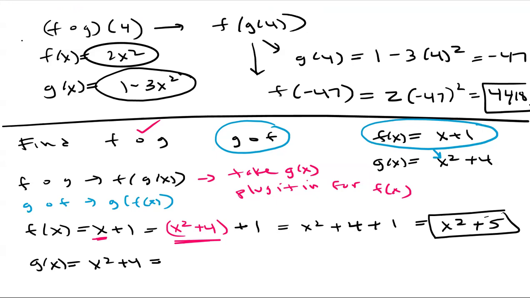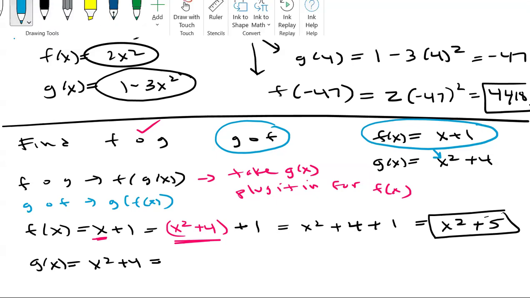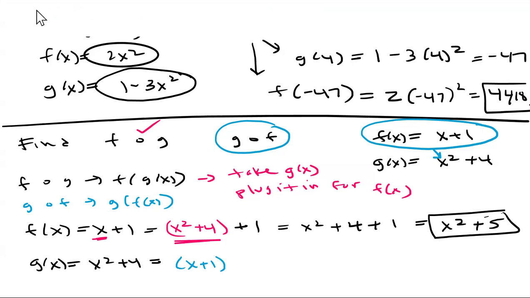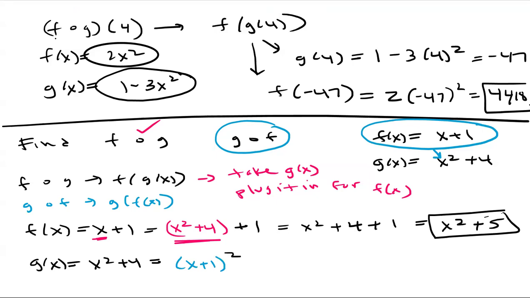All right, so what is going to go in for x? My x plus 1. So x plus 1, okay? That's being raised to the second power, right? Because this is the same thing I put in here, or x plus 1 is what I put in for x. Okay, and then I have the plus 4.